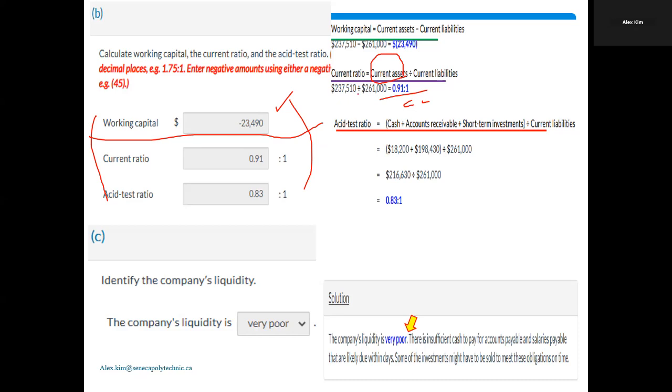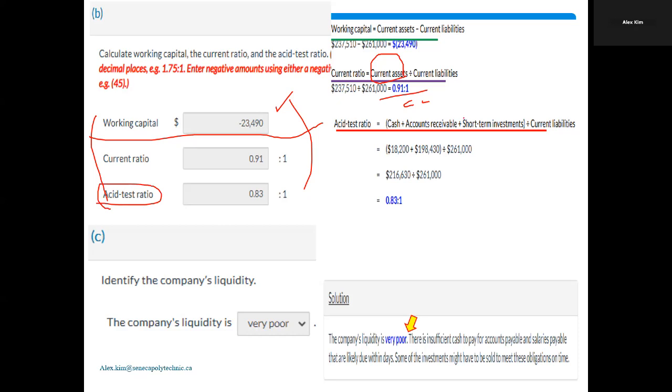But some current assets, like prepaid supplies, we cannot cash out to make a payment for current liabilities. So only cash-equivalent assets are considered to calculate the ratio. Then we call it the acid test ratio.